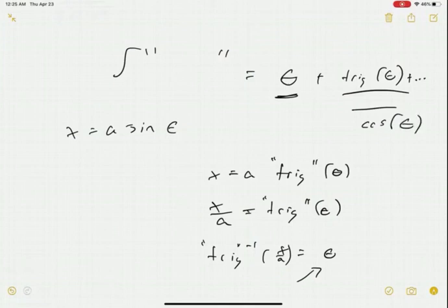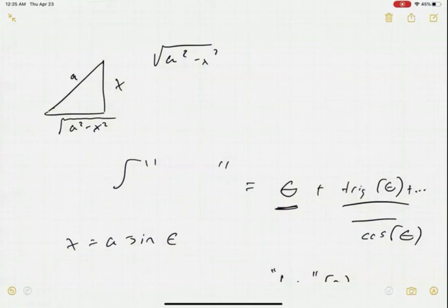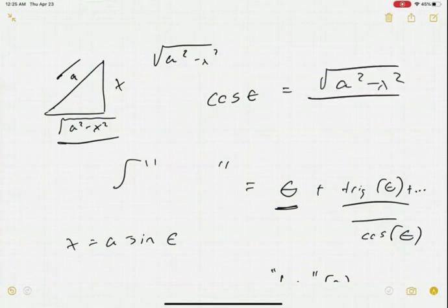We have to be able to look at our triangle and say, what's cosine of theta? That's adjacent over hypotenuse. So cosine of theta is the square root of a squared minus x squared over a, in this particular case.